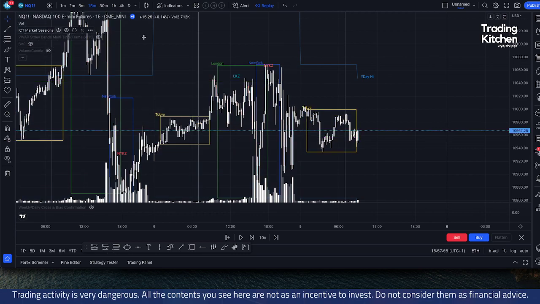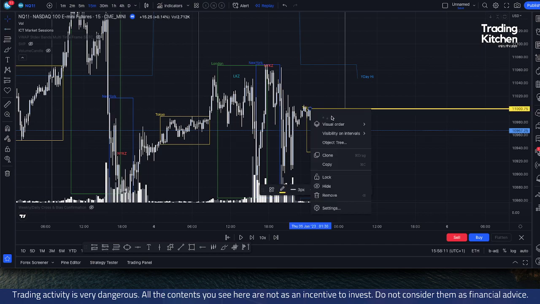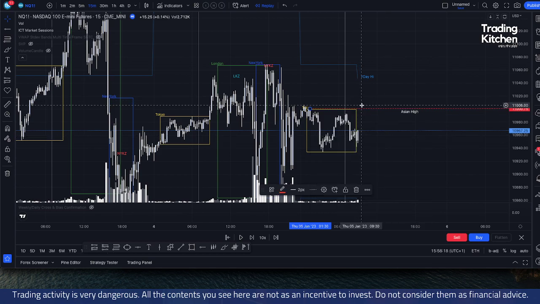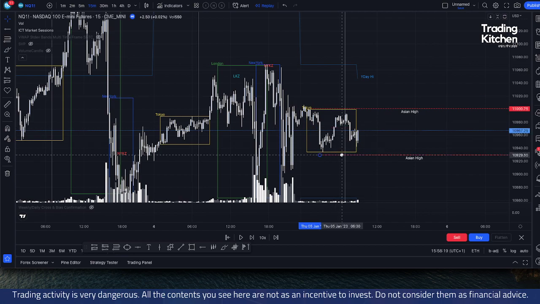The first indicator is this one, the ECT market session, which just highlights the Tokyo session, London and New York. But the Tokyo session for me is the most important, because what I want to do is, as you can see, highlight the Asian session high and the Asian session low.